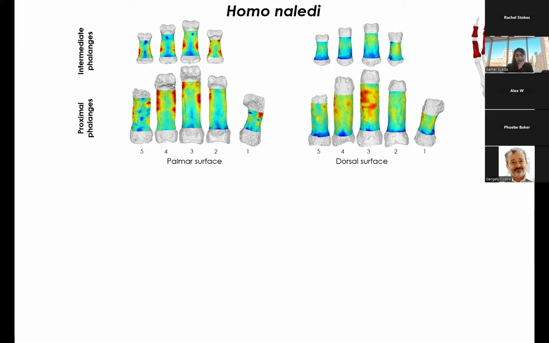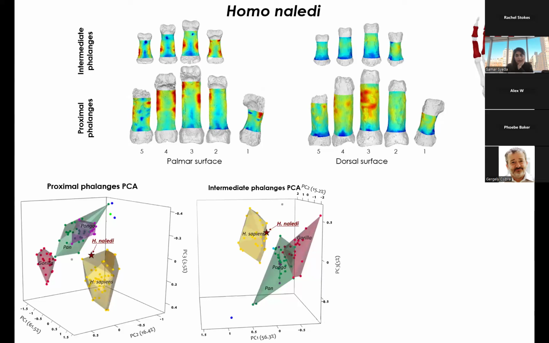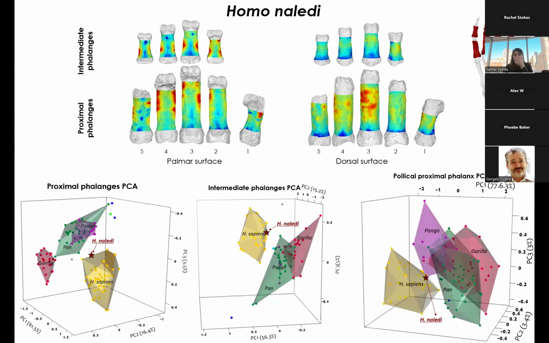And when we plot that in PCAs, surprisingly, naledi falls close to humans in both the proximal and intermediates, despite its pattern and its thumb as well. So it's indicating this really strong mixture of human-like and non-human-like pattern thus far in the record.